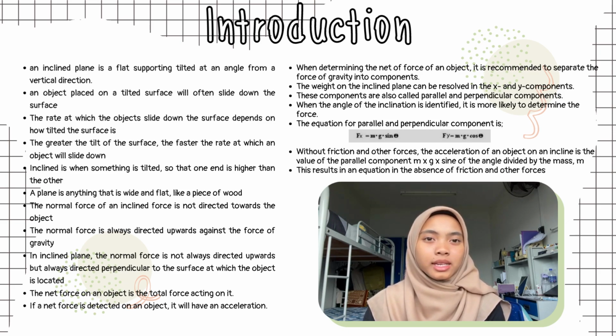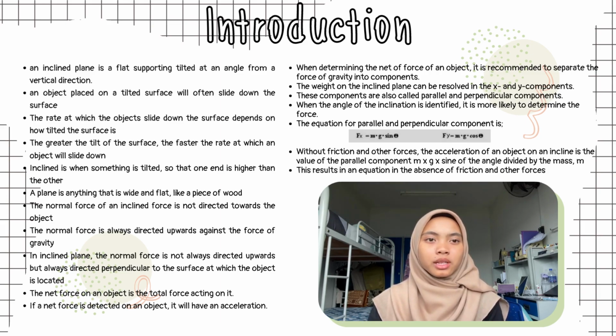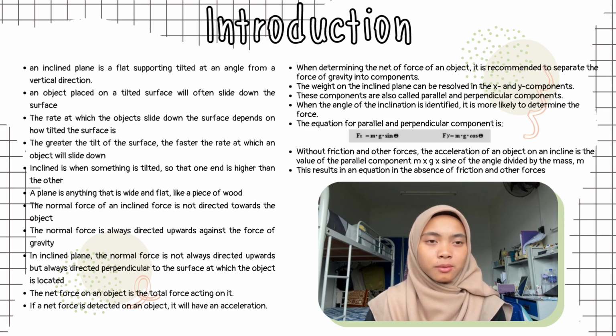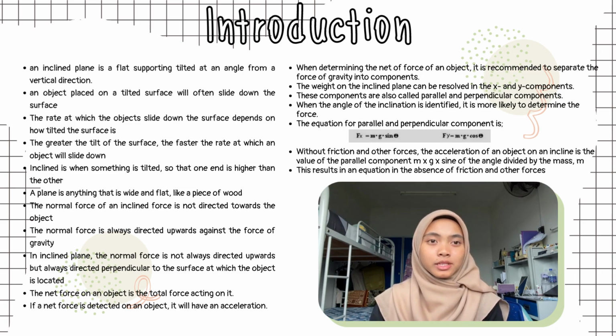When determining the net force of an object, it is recommended to separate the force of gravity into components. The weight on the inclined plane can be resolved into the x and y components. These components are also called parallel and perpendicular components.